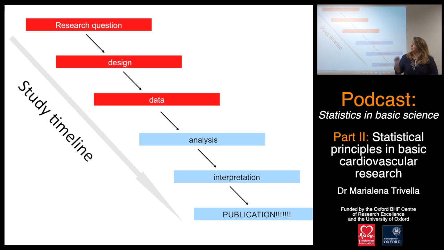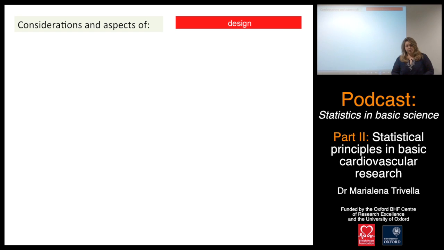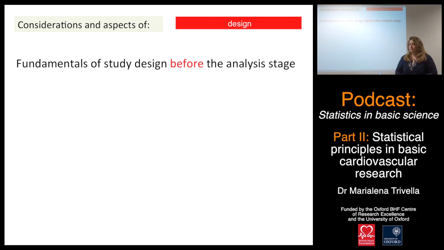Next stage is the design stage of the project. Ideally, all considerations here should be taking place before the analysis stage, and this is perhaps where a lot of researchers sometimes confuse the two. It sounds very difficult, but it is much simpler, actually, if you consider all these factors before you start any analysis.